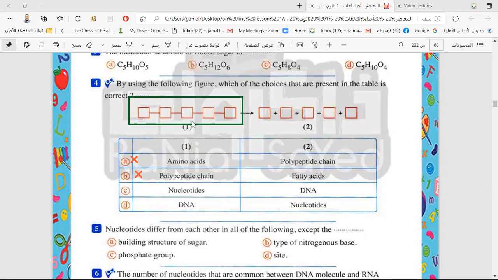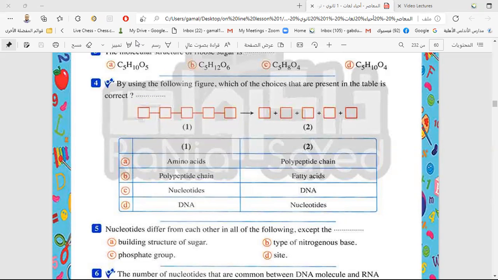Nucleotides are monomers, and DNA is a polymer, so C is wrong also. Finally, D is correct, because DNA is a polymer and 2 is nucleotides, which are the monomers. This is easy. So the correct answer is D.